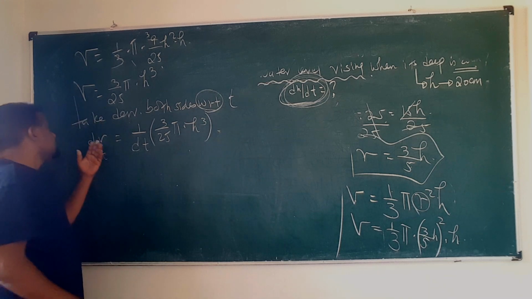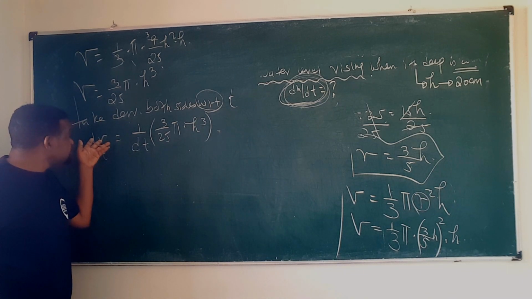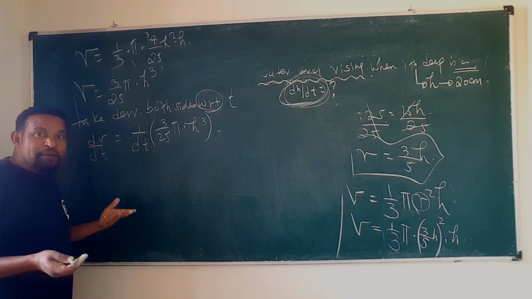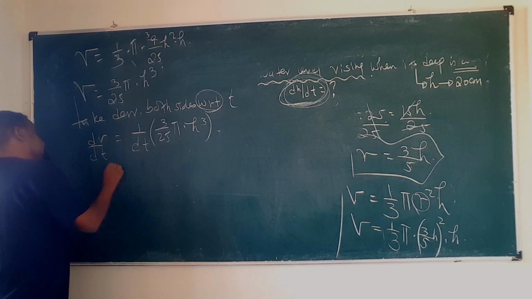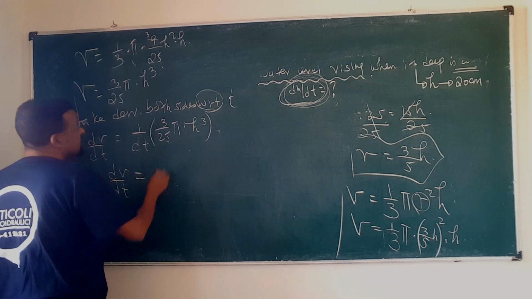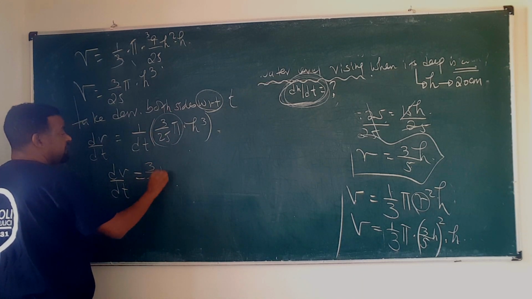The derivative of V is taken with respect to t, so it is dV/dt, which is equal to 3 over 25 pi, a constant.